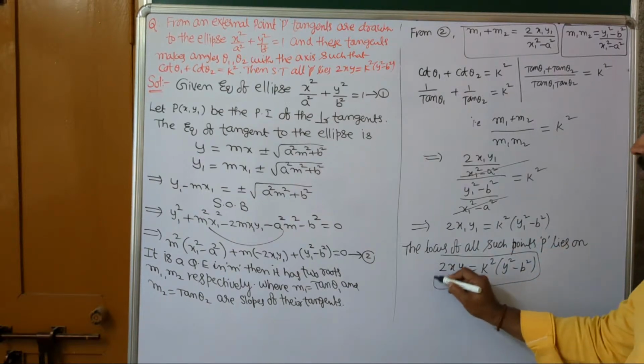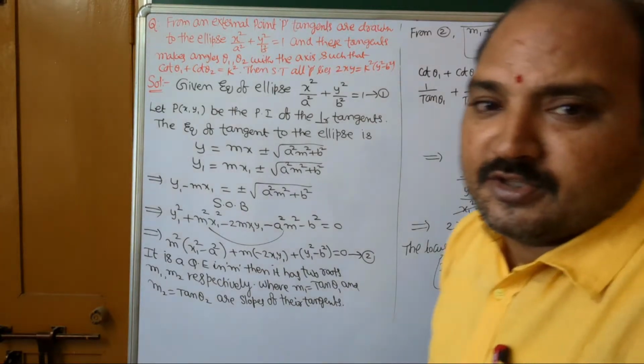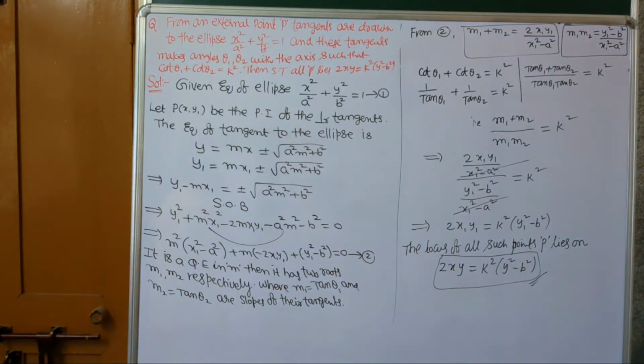In place of k square, k also they made it constant. So this is the way you can do, dear students. I think it's the second exercise problem. I think you are able to do that. We will move to another question now.